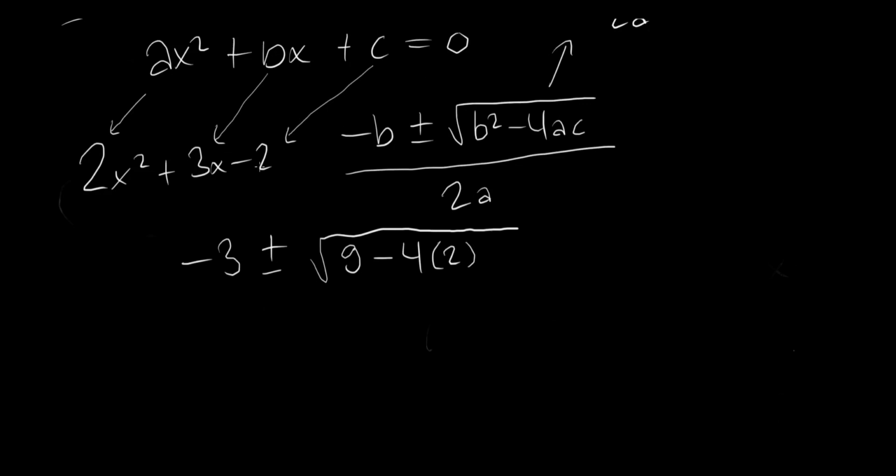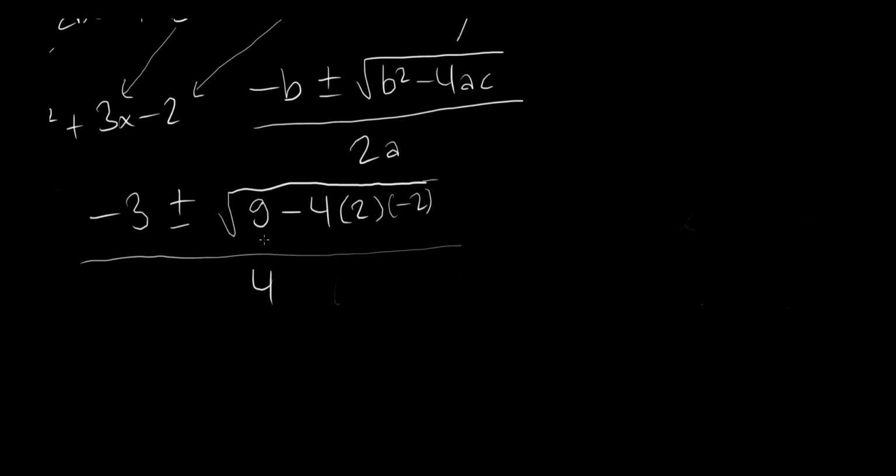C right here is the constant, which is negative 2, not only 2, but negative 2. And we divide all of this by 2a, which is 2 times 2, or just 4.